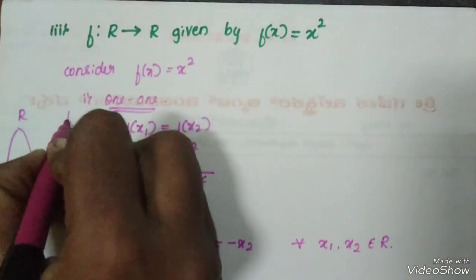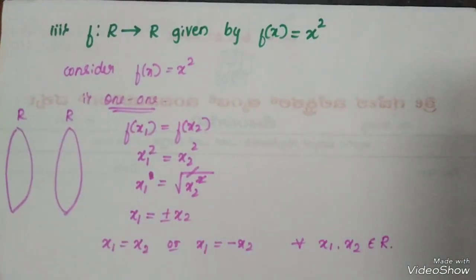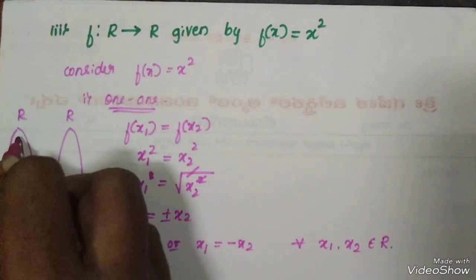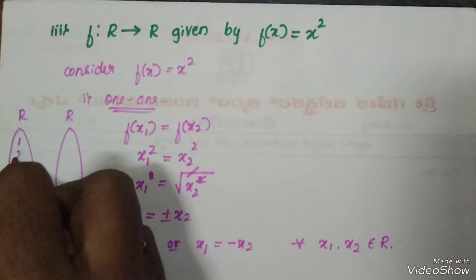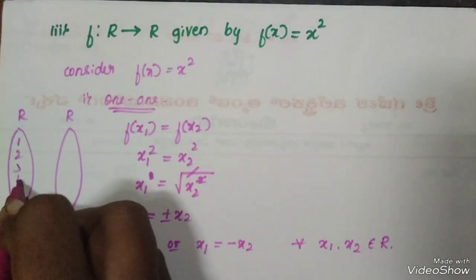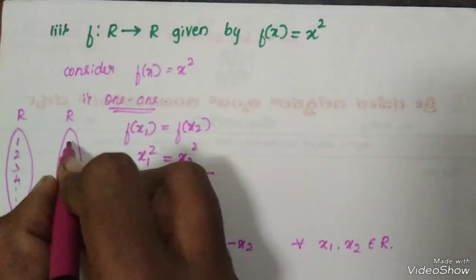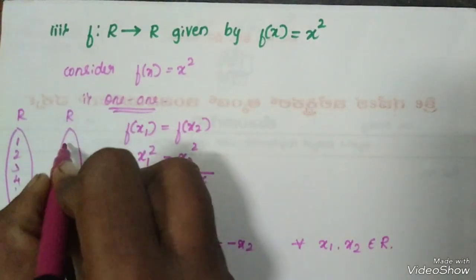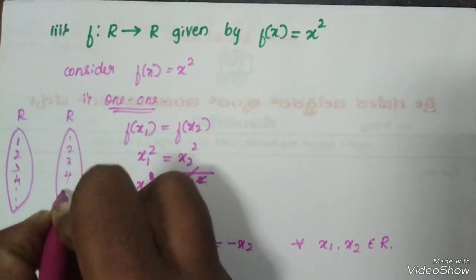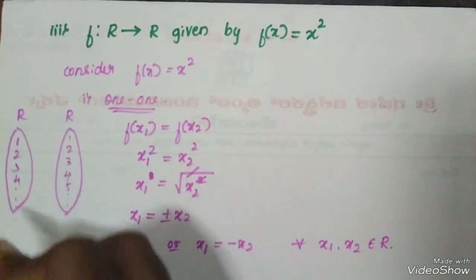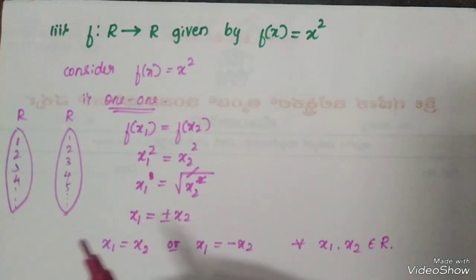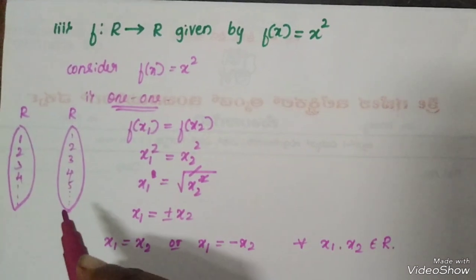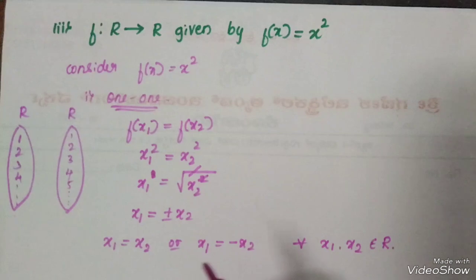Both are real numbers. For example, 1, 2, 3, 4 and so on; positive values, negative values, decimal values. Whatever we have taken, all are real numbers here.